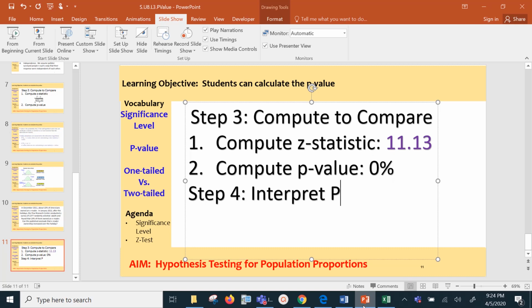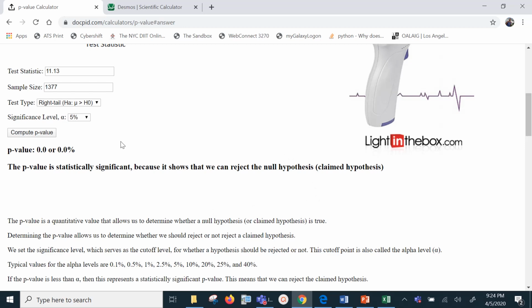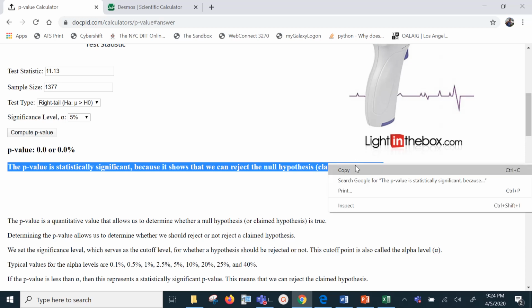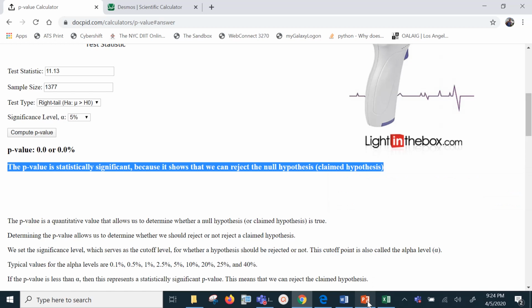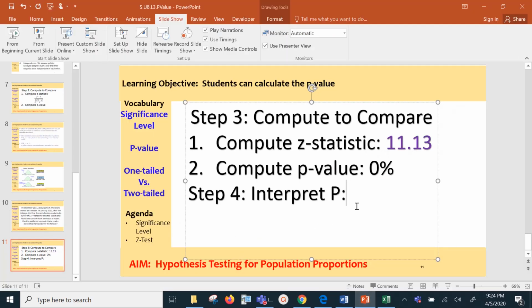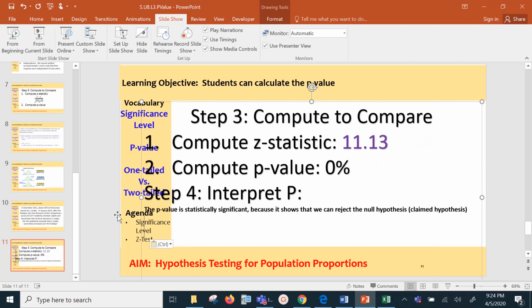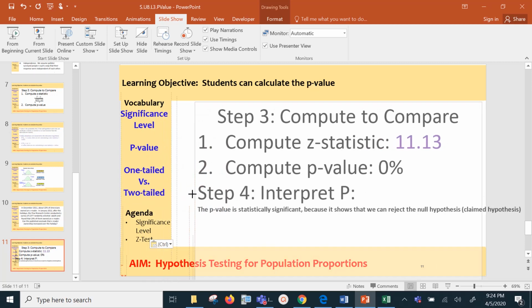And then for interpret p, all you have to do, if you want to, you can copy and paste this: the p-value is statistically significant. We can even say claim hypothesis if you wanted to. So in your notes, you're just going to copy that from the calculator.